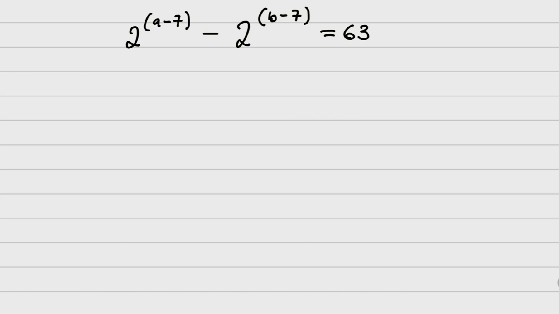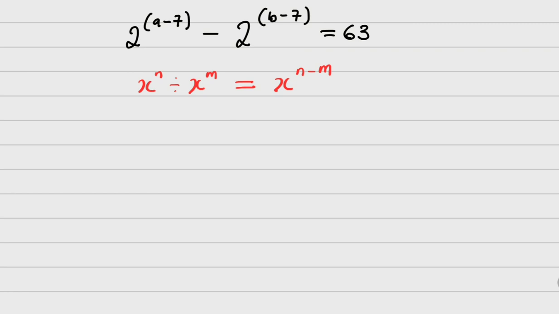The knowledge from indices. Now, do you know that in indices, if I have x raised to power n divided by x raised to power m is going to be x raised to power n minus m. All right?